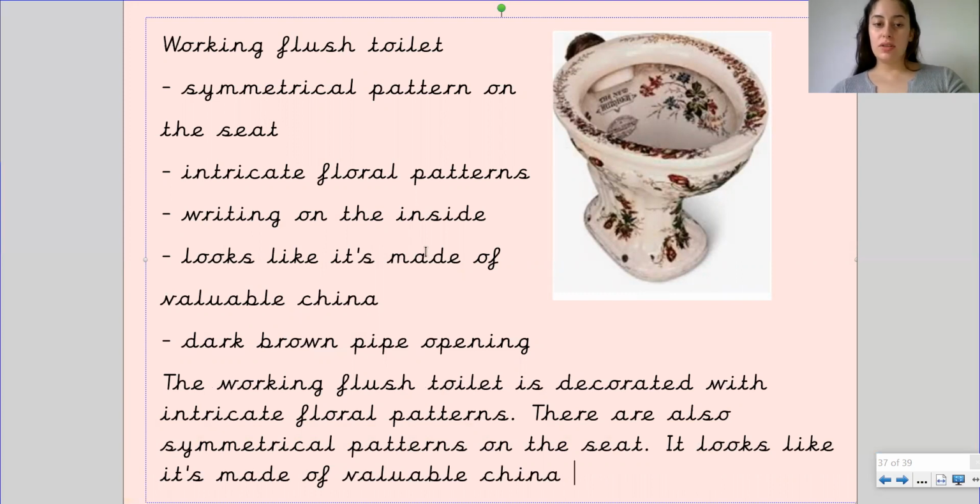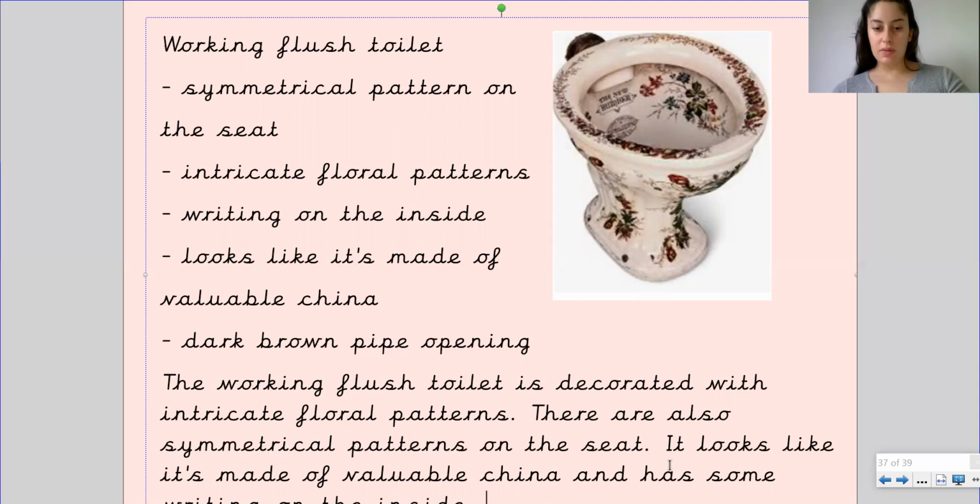I could merge these two sentences. How could I make it into one longer sentence? What word could I use to add more information? So it looks like it's made of valuable china and has some writing on the inside.